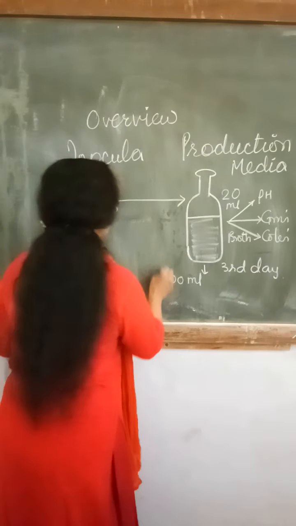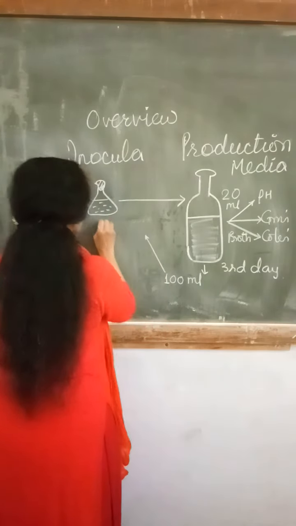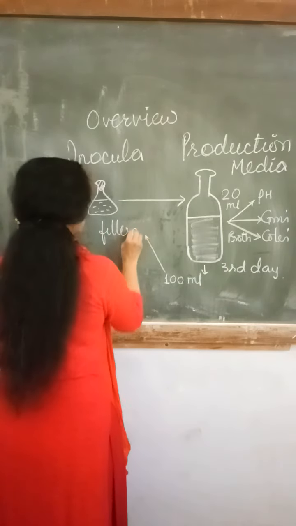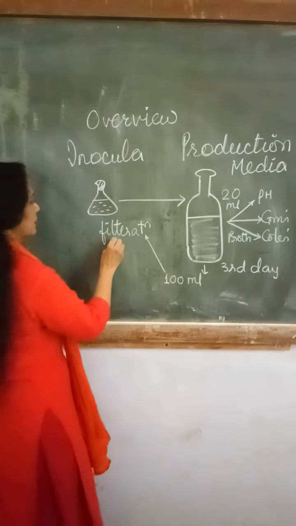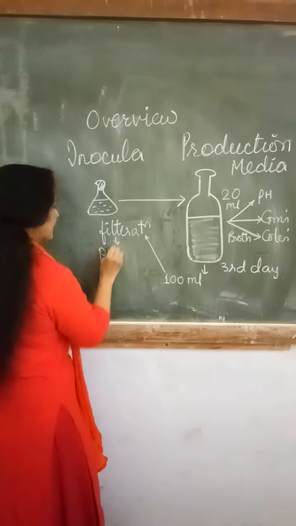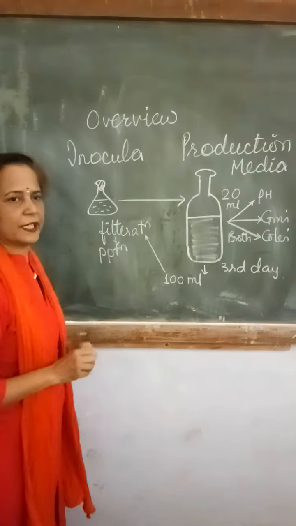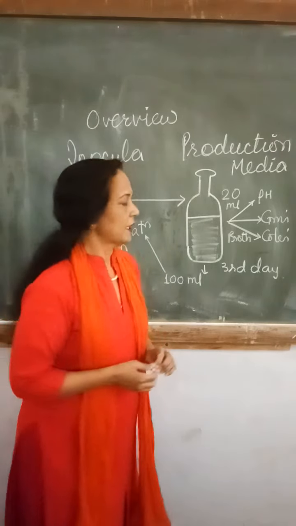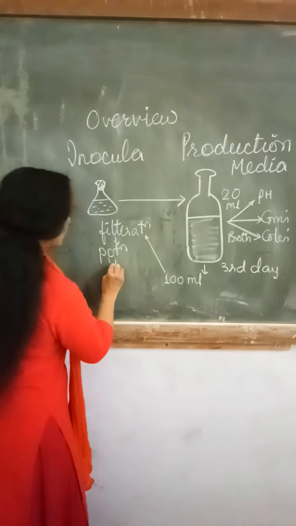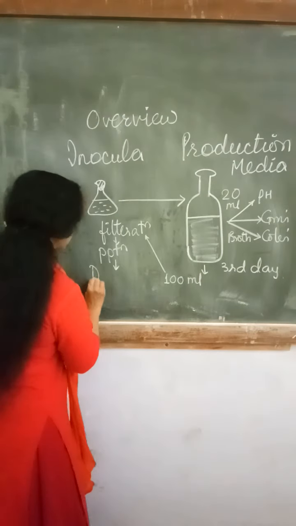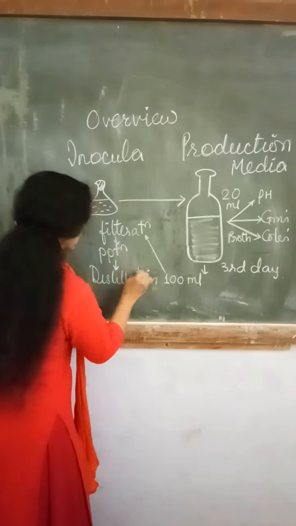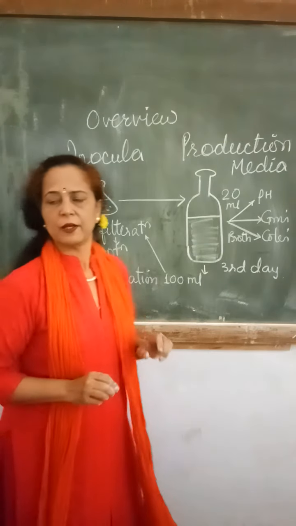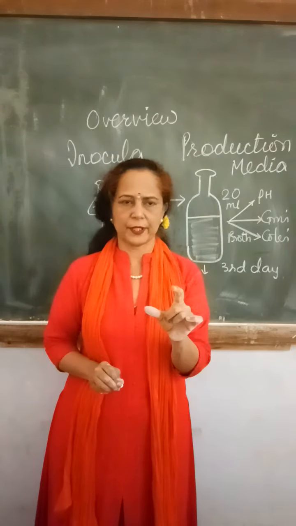First of all, we will go for filtration. After filtration, we will go for precipitation with the help of ZnSO4, zinc sulfate. And after precipitation, we will go for distillation. After distillation, we will properly dilute our sample.